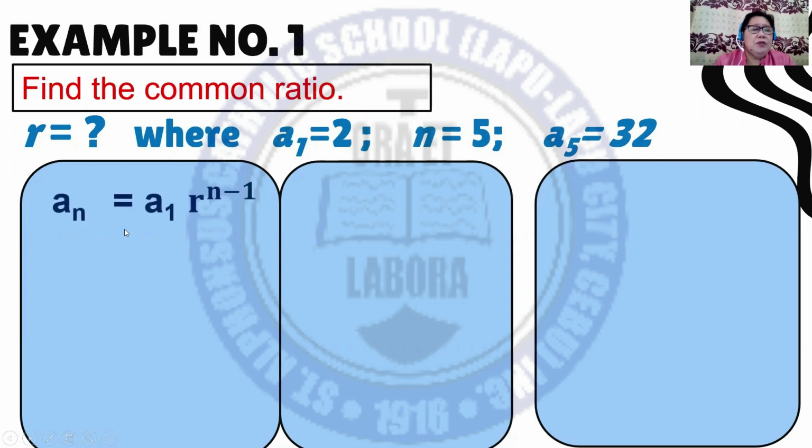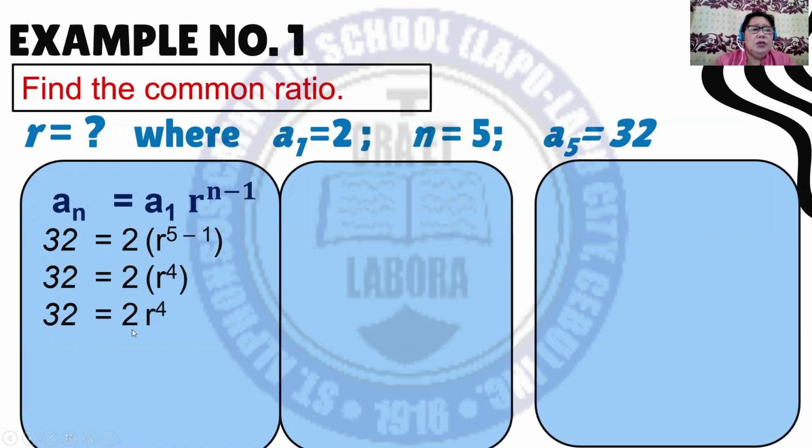So using the first formula, a sub 5, which is our last term, represented by a sub n, that is 32, is equal to the first term 2 times the quantity r, which is missing, to the n, which is 5 minus 1. 32 is equal to 2, and 5 minus 1 is 4. 32 is equal to 2 times r raised to exponent 4.